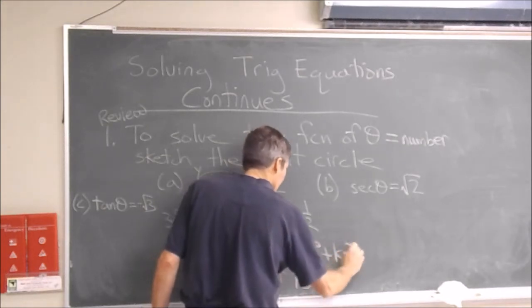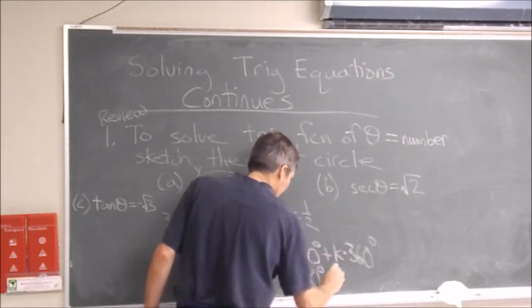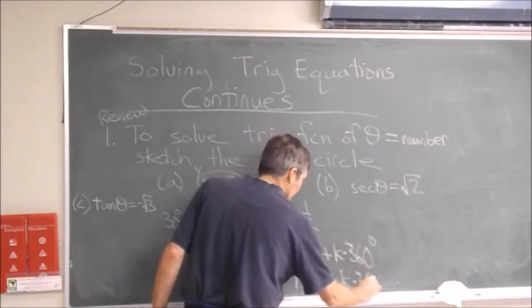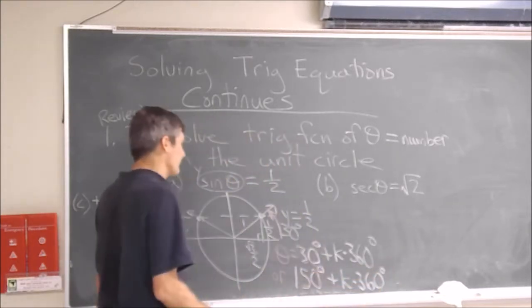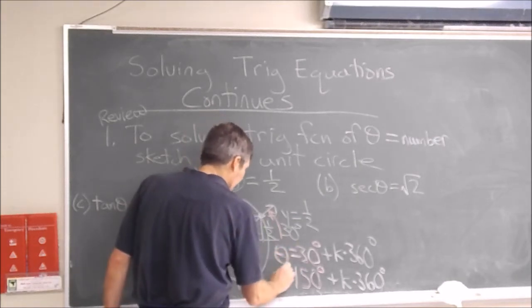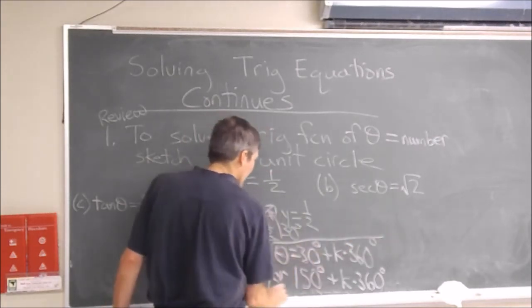K times 360 degrees, where k is any integer, 0, 1, minus 1, 2, minus 2, etc. Here's your answer. Theta is one of that infinite list of angles.